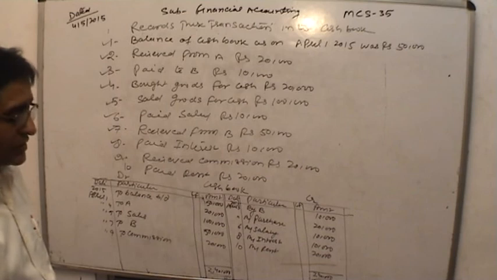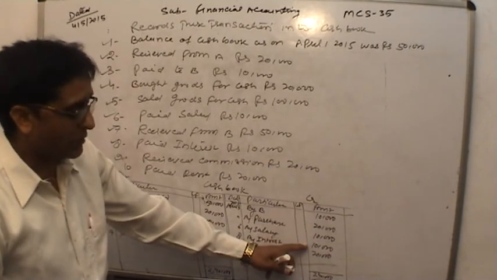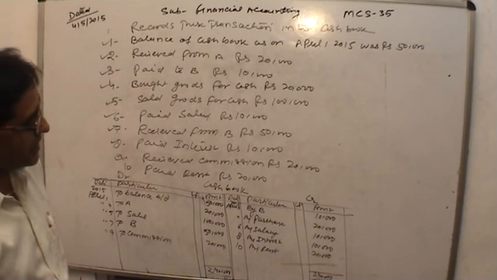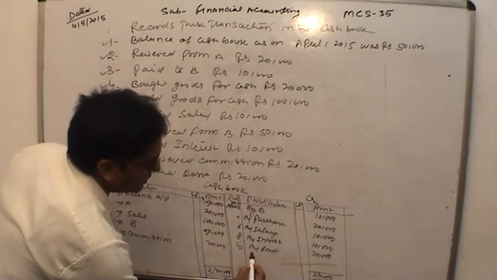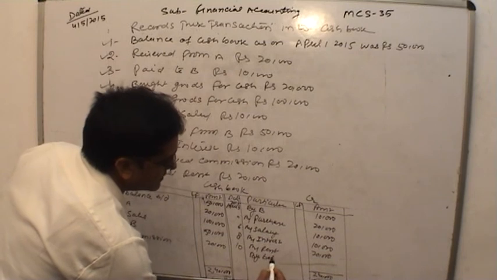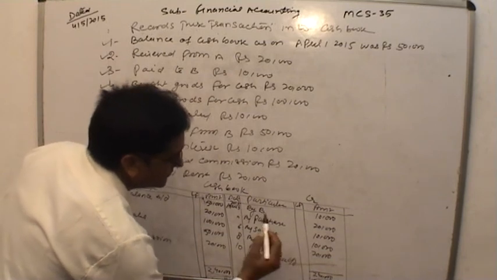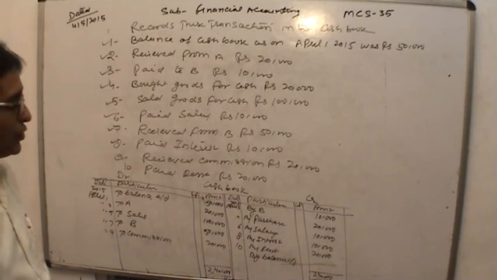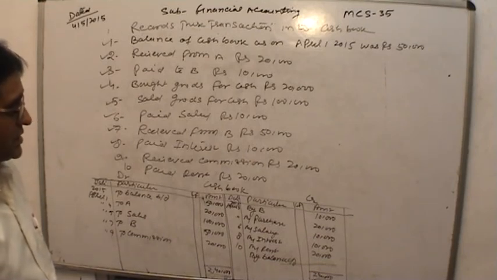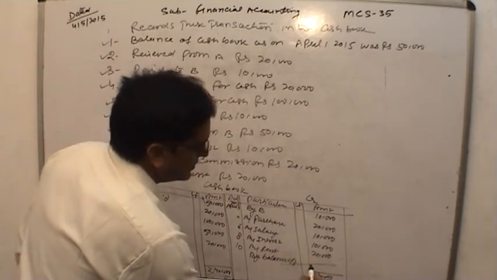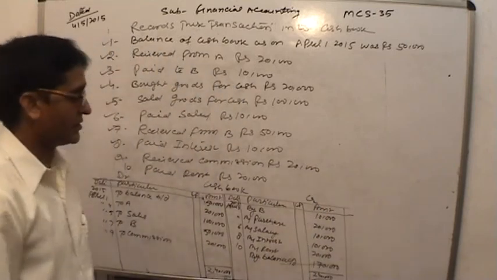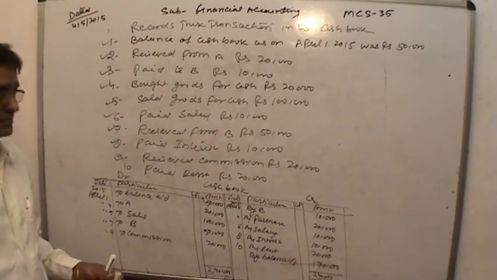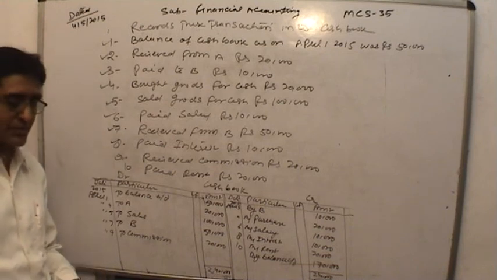Then from 2 lakh 40,000 deduct all these amounts like 30, 40, 50, 70. 2 lakh 40,000 minus 70,000 equal to by balance c/d, which is equal to 1 lakh 70,000. So this is your cash book or simple single column cash book.